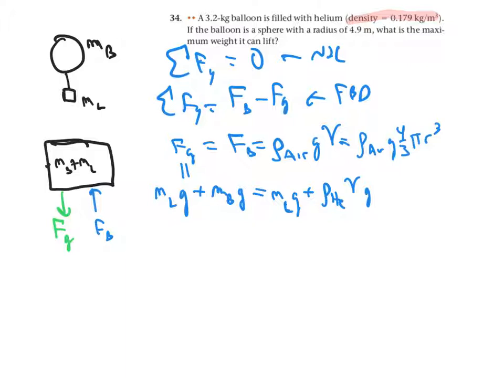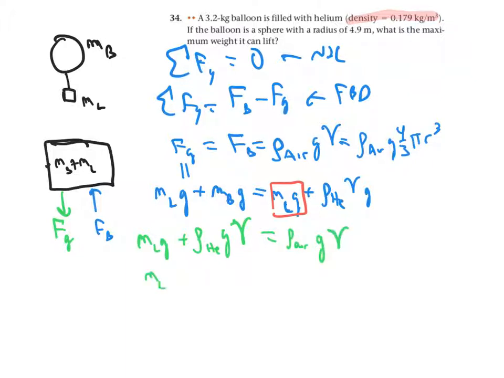And then this is actually what they ask, how much weight can we lift? So going over here, putting these together, the thing we want, m_l times g, plus the density of helium times g times v, equals the density of air times g times v.